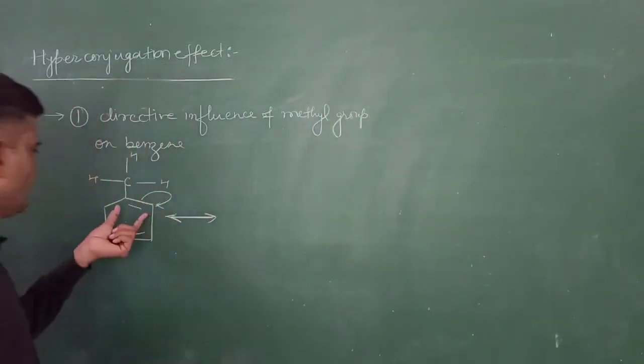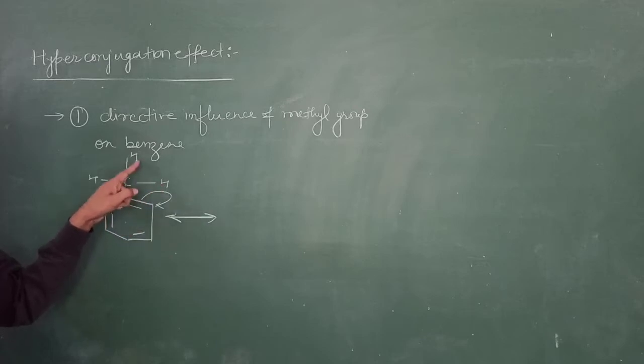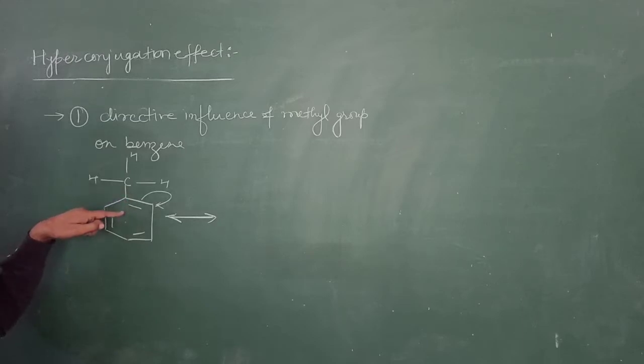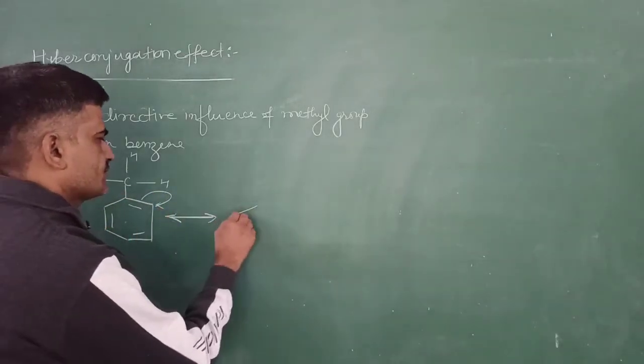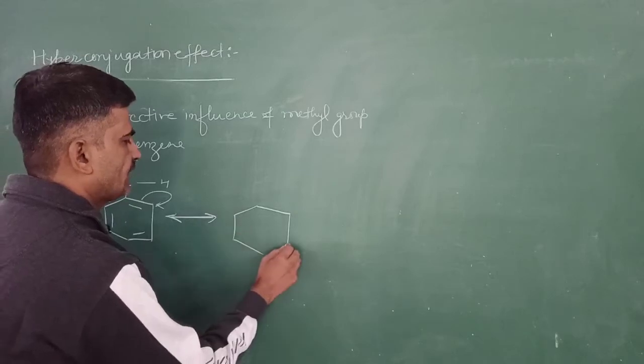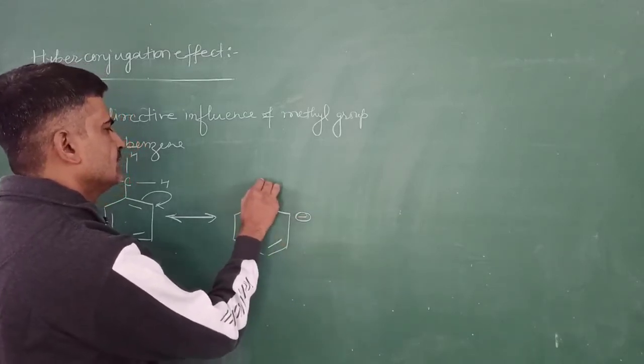Now this is a carbon-carbon double bond, and this is an alpha carbon, and these are the alpha hydrogens, and these alpha hydrogens are involved with this benzene ring. There is a transfer of sigma electrons to the conjugated system, and this electron density is created at the ortho position.